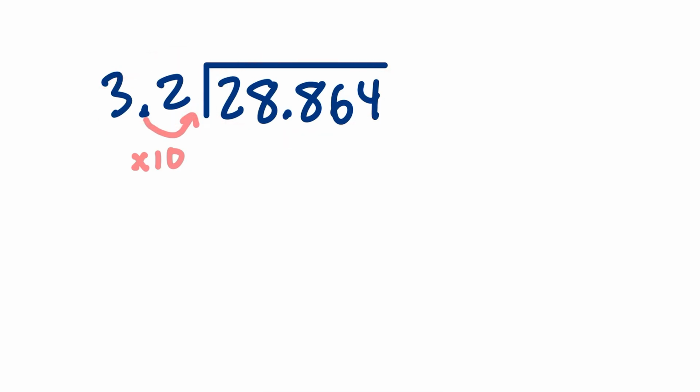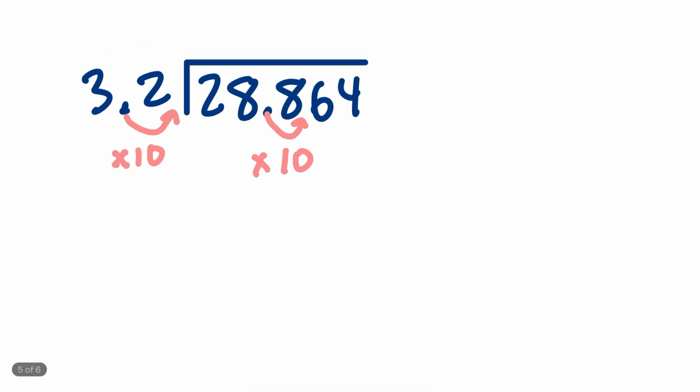So I'm going to move this over 1 time, which is the same thing as multiplying by 10. So now this number outside is no longer 3.2. Now it's 32. And the next thing I'm going to do is rewrite my new problem. So I have 32 outside. And now this isn't 28.864 anymore.